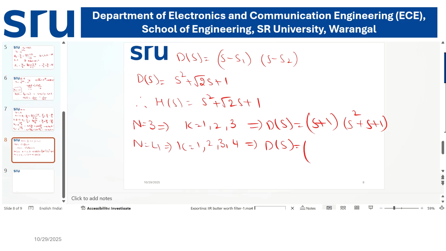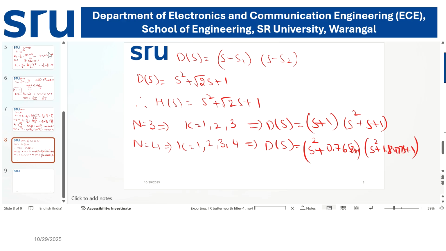Then you will have two quadratic factors: s square plus 0.7653 s plus 1, and s square plus 1.8477 s plus 1.